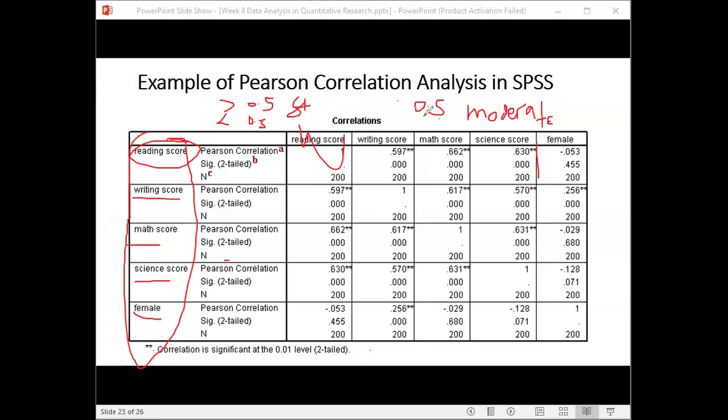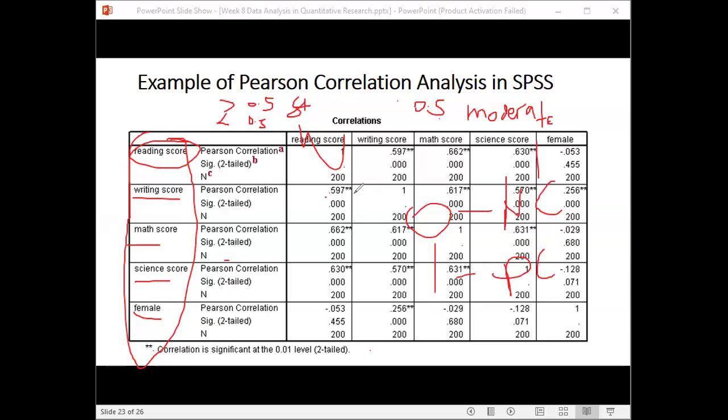If it's exactly 0.5, whether positive or negative, it is a moderate correlation, positive moderate or negative moderate correlation. That's how you interpret. If it is 0, then no correlation. If it is 1, it's a perfect correlation. Okay, so let's bear that in mind. These are the interpretations for any correlation analysis.